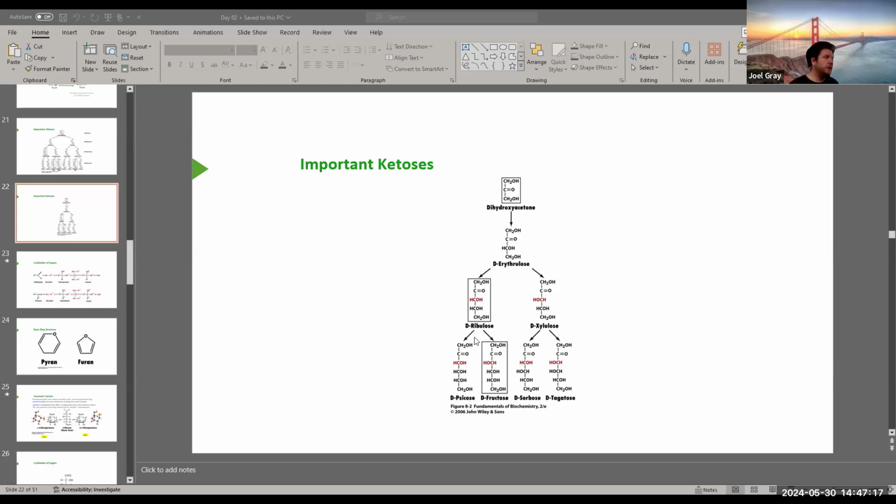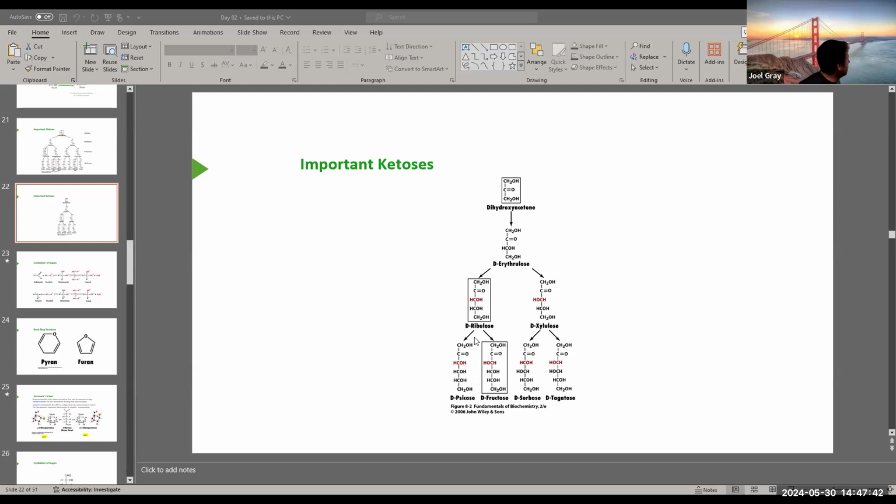We're talking about nucleotides and nucleic acids. The reason that I like to talk about sugars, then go into nucleotides and nucleic acids, is because we have a little bit of a foundation for this. That foundation is when we talked about ribose being converted to deoxyribose.